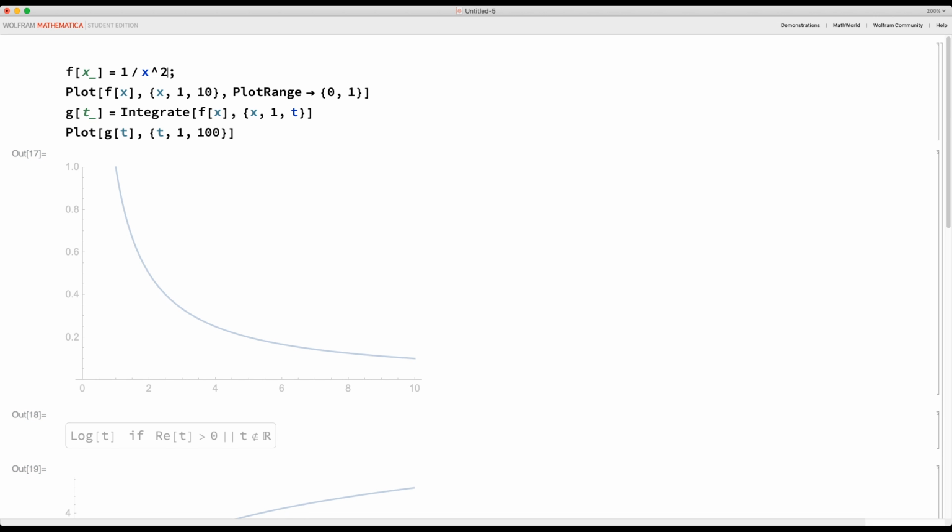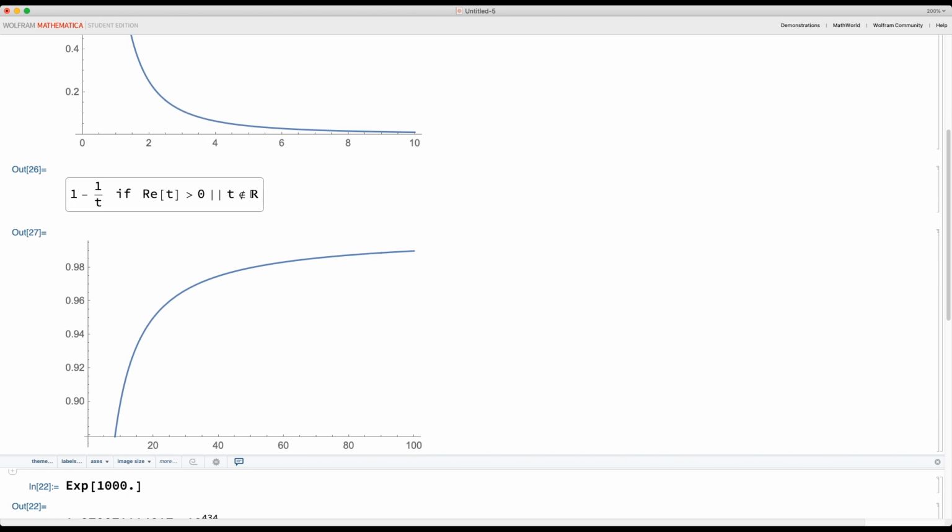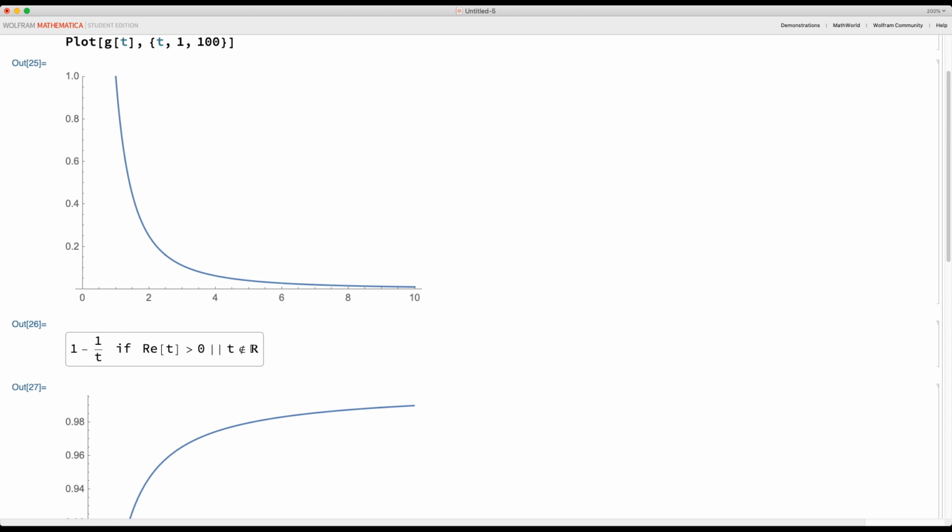I'm going to change the x to x squared and redo the exact computation. Okay, the top graph is 1 over x squared, and I'm asking what's the area between it and the x-axis as I go off to infinity.